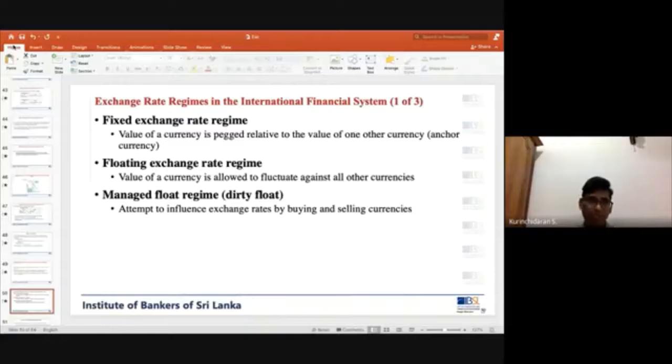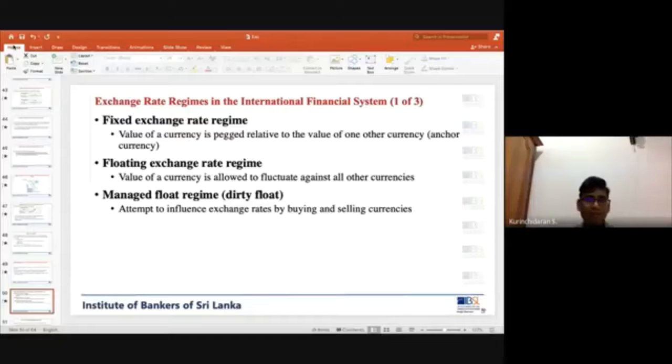The only drawback in this floating exchange rate regime is that the volatility might be very high. Sometimes it can go up to 180, then come back to 150.